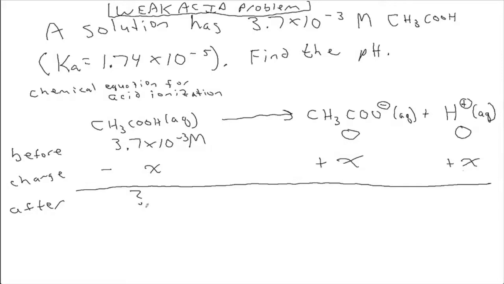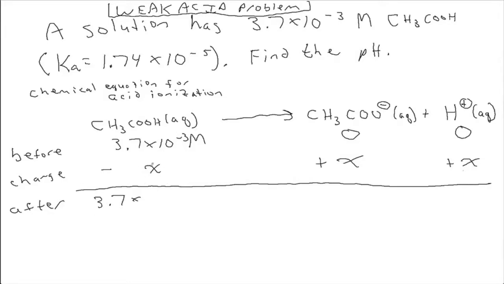And how much was used up? Negative X. Yeah, X was used up. So how much would be left over at the end? So it's just 3.7 times 10 to the negative third minus X. That's right. Do you see how the table is supposed to make that obvious?